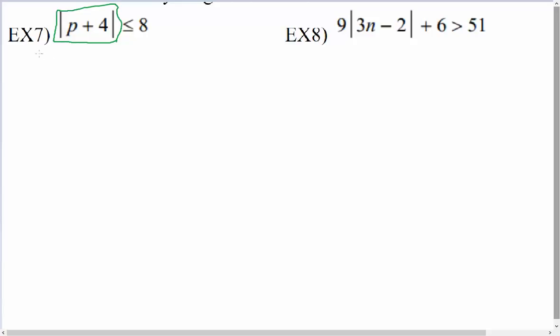And at this step, just like in the last video, we split because there are two directions that we can go from 0, because absolute value is the distance from 0, and those are negative and positive. And the exact same way as the last video as well with the equations, whatever was inside of the absolute value stays the same.